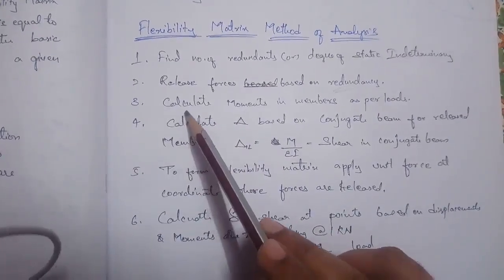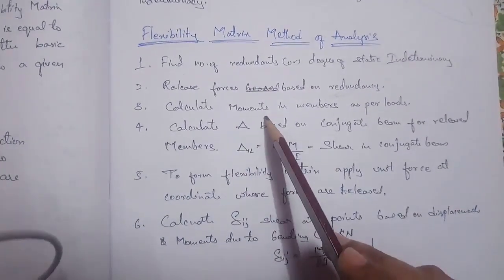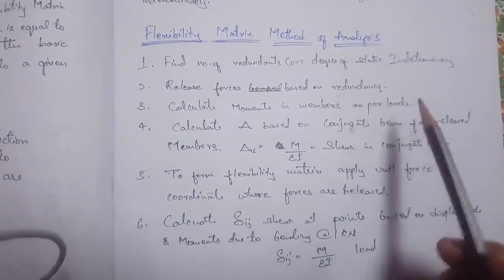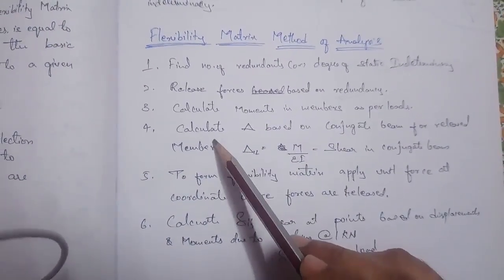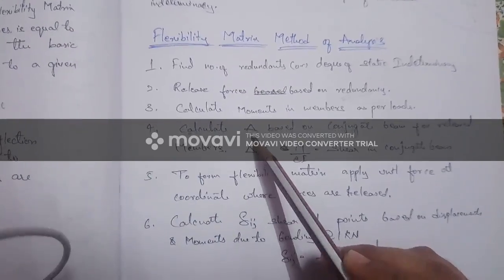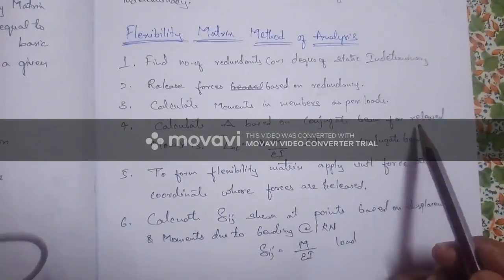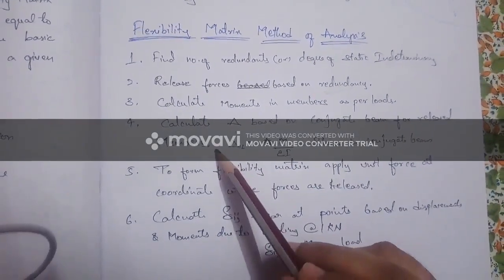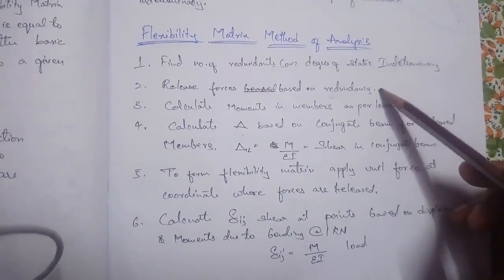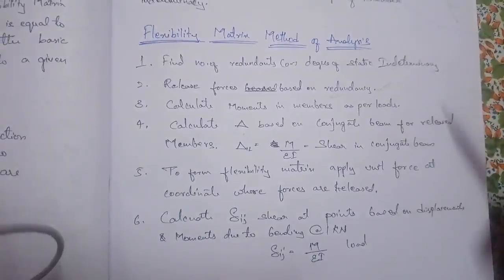After that, calculate the moment in the members as per the loads. After that, calculate the displacements based on the conjugate beam method for the released members. Okay, we have applied or released some redundants, right?